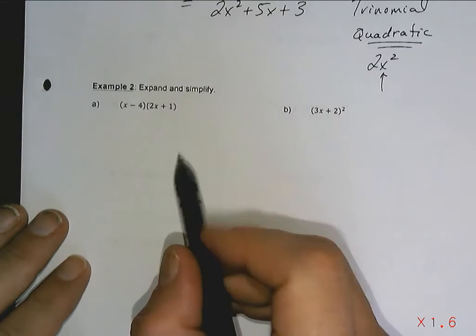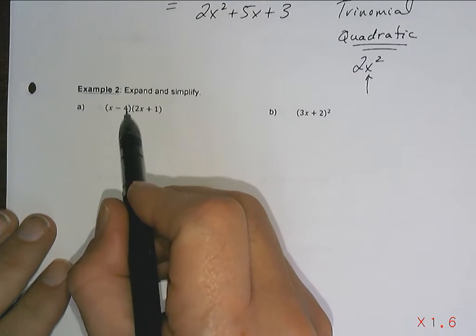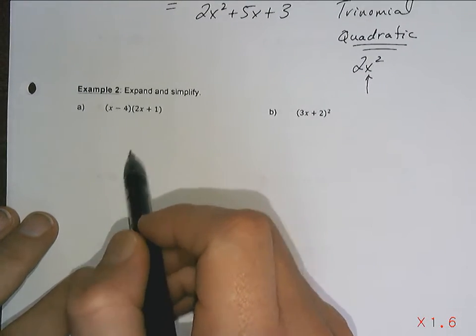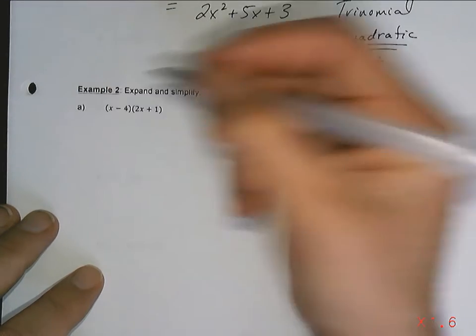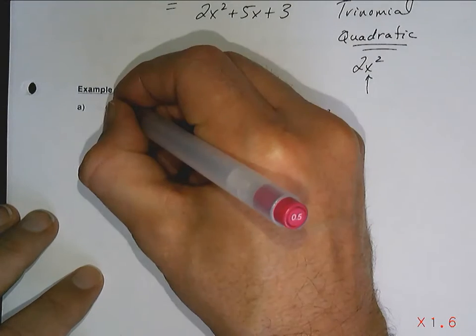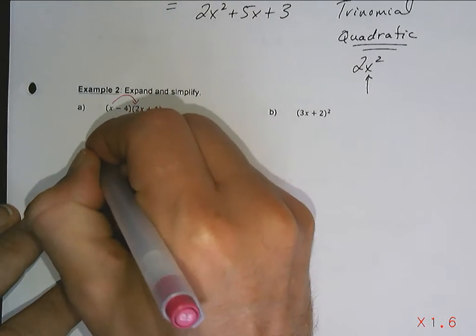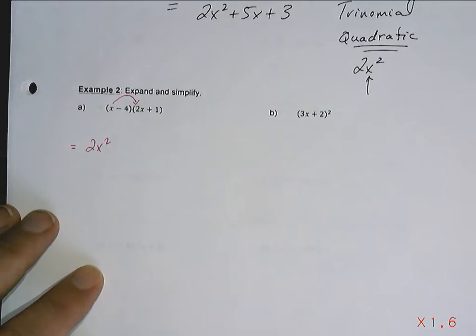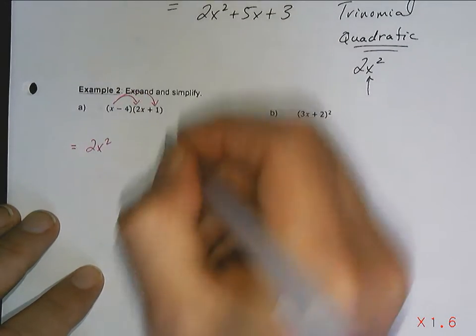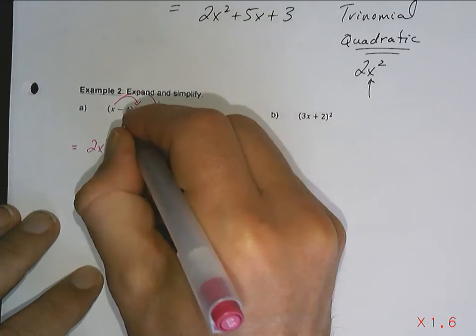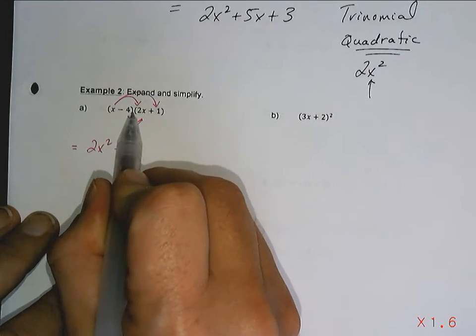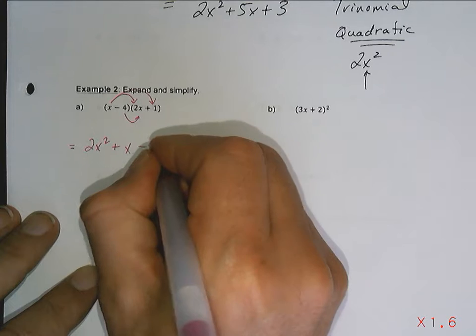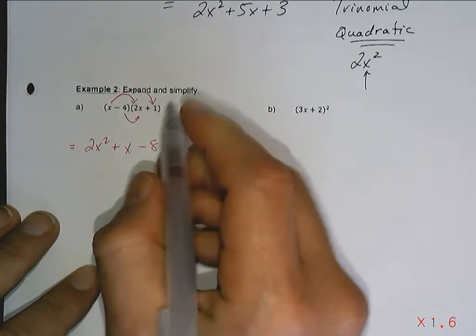So I've got x minus 4 times 2x plus 1. And to be honest with you, you better draw the arrows. I do, and I get paid to do mathematics. So x times 2x is 2x squared. And then I do x times 1 is x. And then I got to be careful, see that negative? Negative 4 times 2x is negative 8x. And negative 4 times 1 is negative 4.